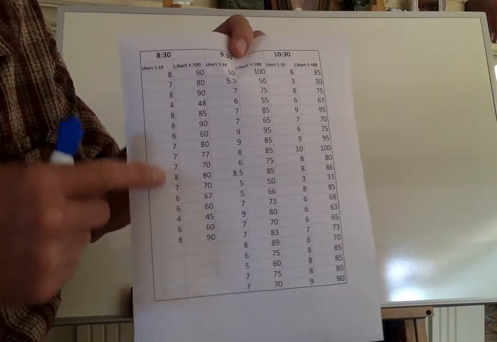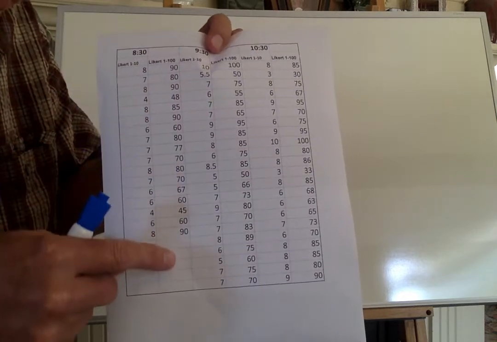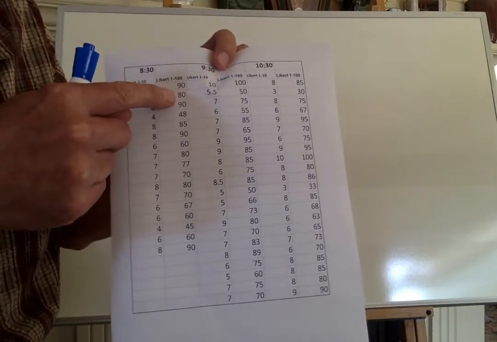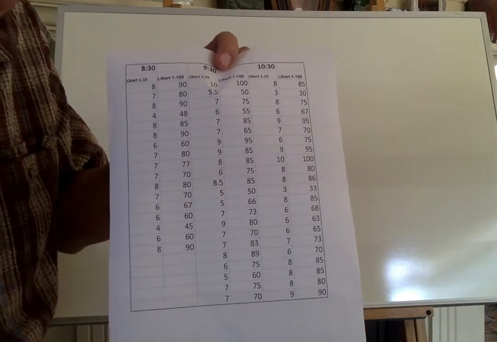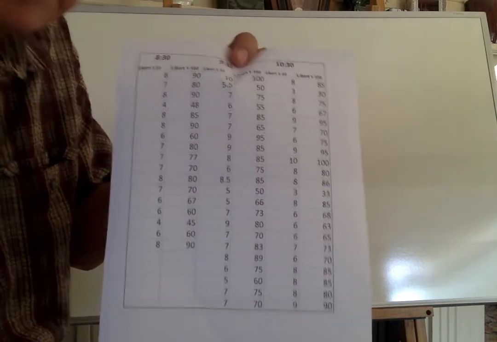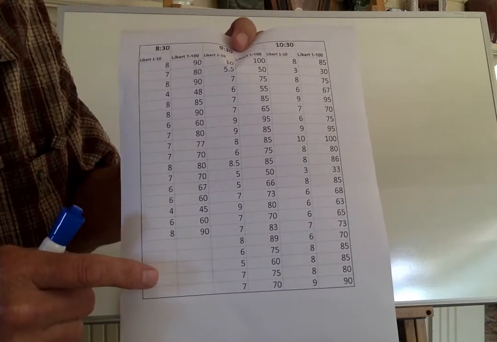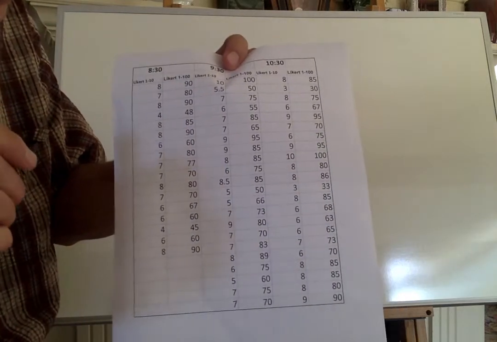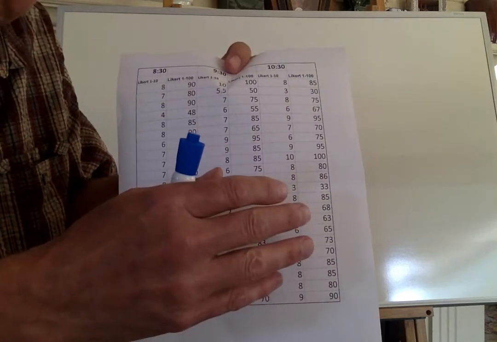One is the Likert scale from 1 to 10, and then I had the same people give me Likert scale 1 to 100 in terms of their level of happiness. What I want to pay attention to for our initial analyses here is the Likert scale from 1 to 10. Okay? And we're going to combine all 3 classes.